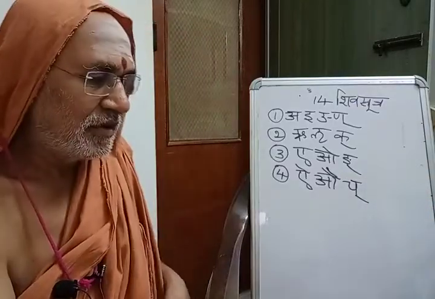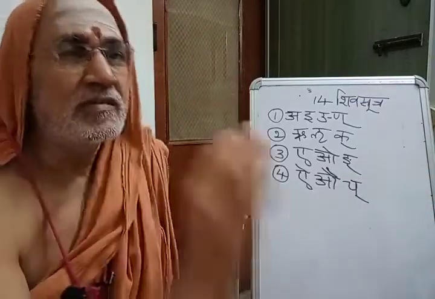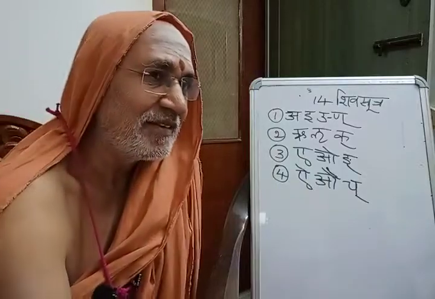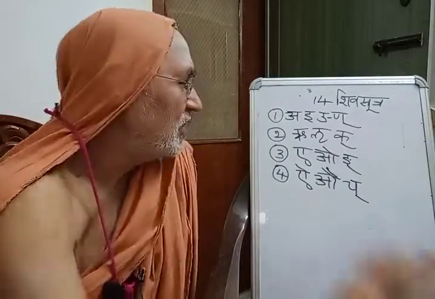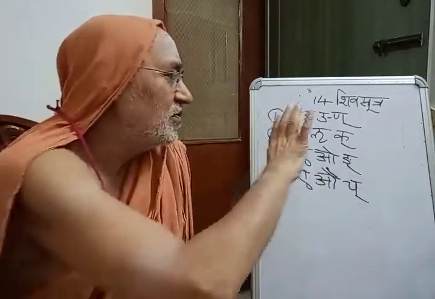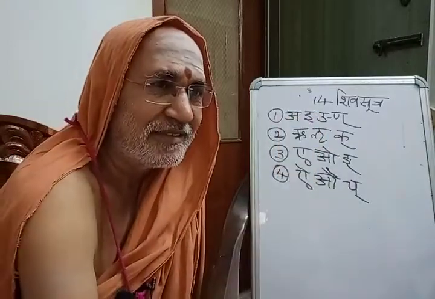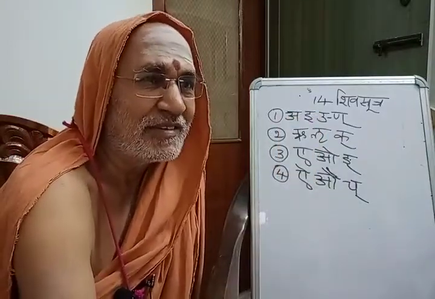So out of the 14 Shiva Sutras or Maheshwara Sutras, these are the 4 that cover the vowels. The remaining all cover the consonants.